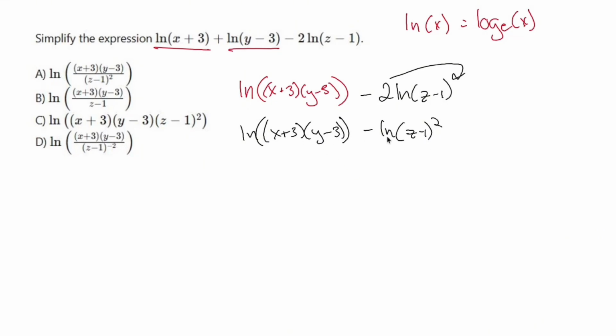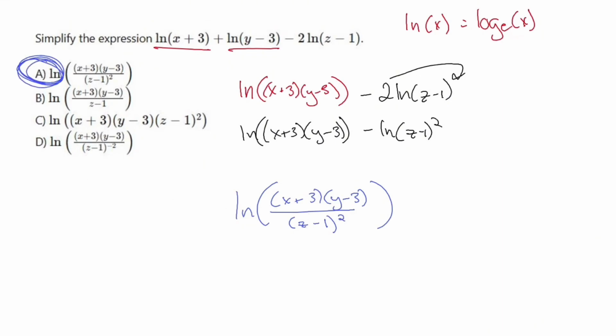When you subtract ln's, you divide the inside. So finally, our answer is going to be ln of an entire numerator, (x plus 3)(y minus 3) over (z minus 1) squared. And that guy's going to be A.